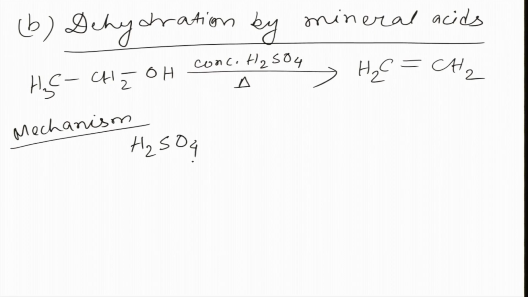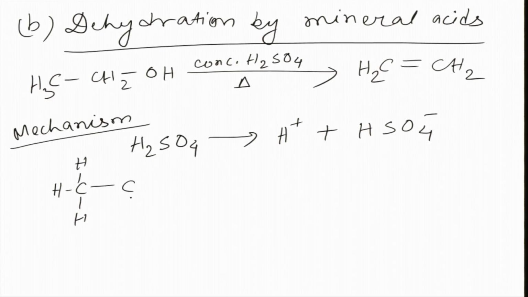H2SO4 is a strong acid, so it will dissociate as H plus and HSO4 minus. Okay. Now, this is ethanol. There is H plus. Now, there are lone pairs of oxygen.